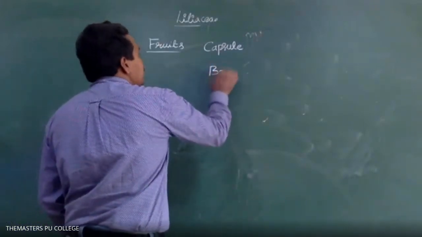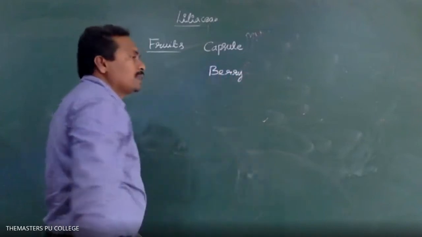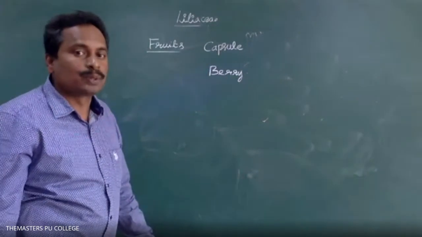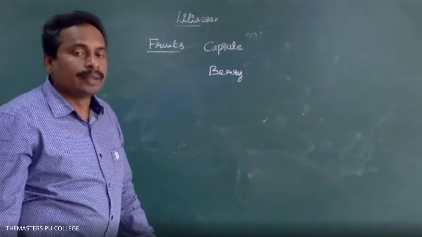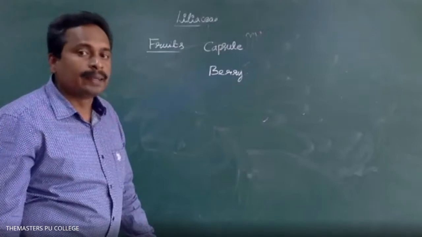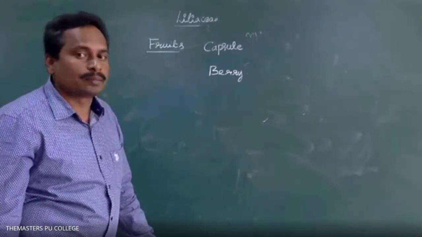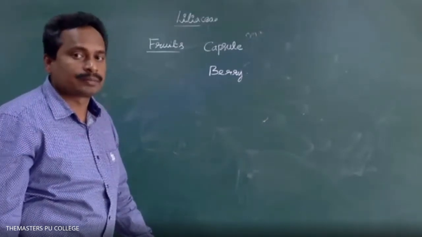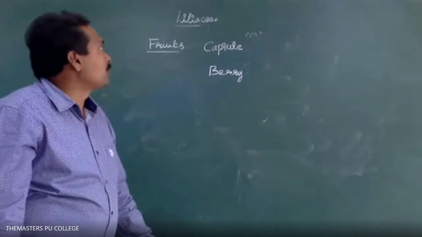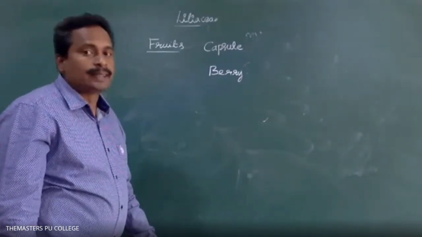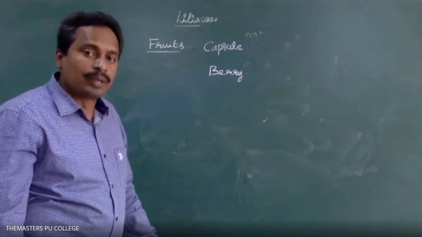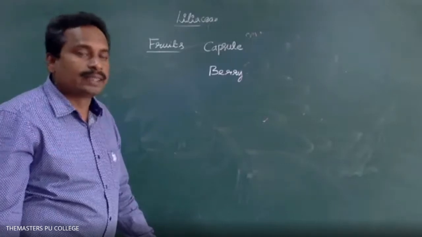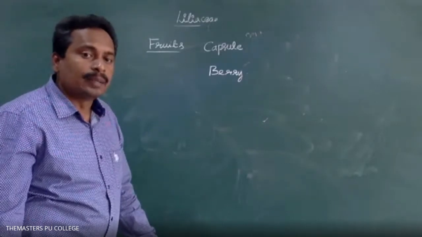In some plant species, the fruit is a berry. We already highlighted the characteristics of capsule and berry. In the Solanaceae family, the fruit is mostly berry and rarely capsule. In most Liliaceae members the fruit is a capsule, whereas in some species of the Liliaceae family the fruit is a berry.